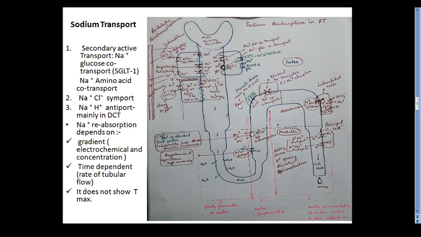Then angiotensin 1, when it reaches the lungs, gets converted into angiotensin 2 with the help of angiotensin converting enzyme, and this angiotensin 2 is the active form of the angiotensin hormone, and it basically regulates the activity of the sodium and hydrogen ion antiport.